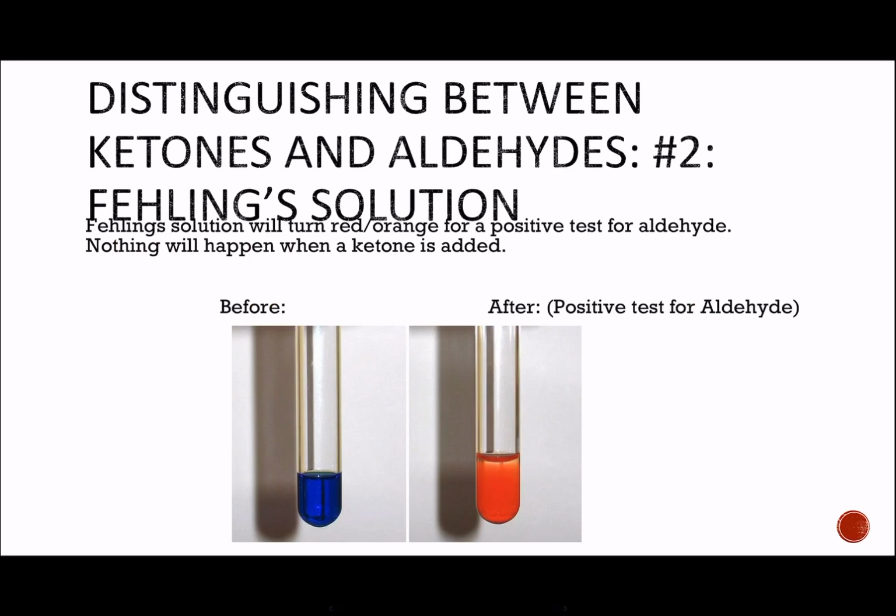There is a second reagent that you can use to test that almost does the exact same thing, except the color result is different. This is called Fehling's solution, and it is a solution of copper sulfate. If you add it to an aldehyde, the color of the copper sulfate will turn to orange.